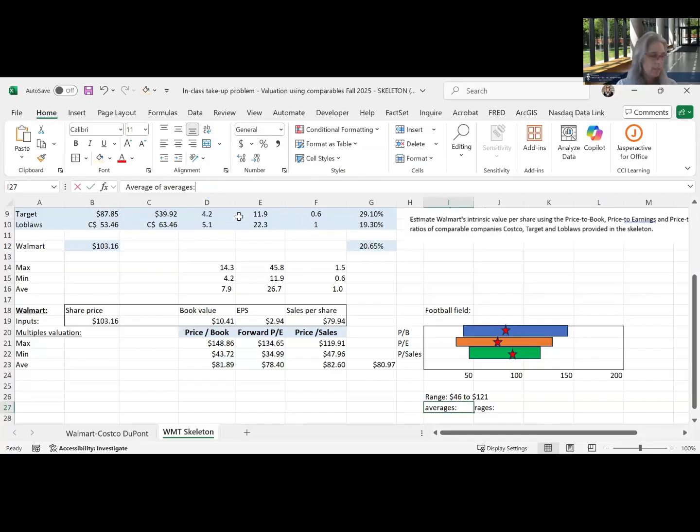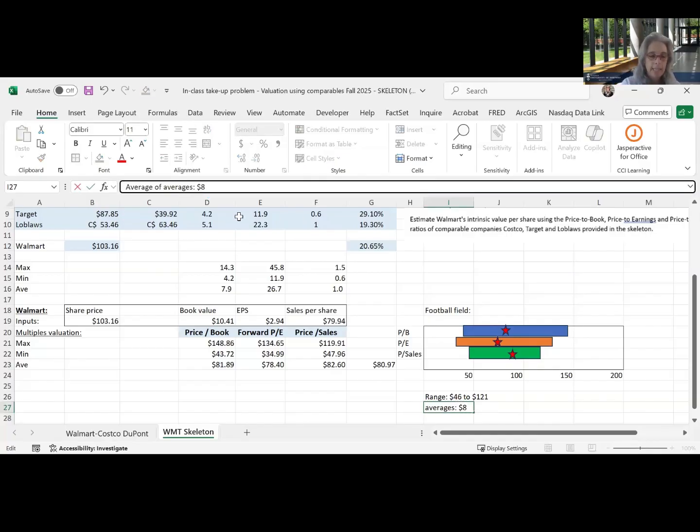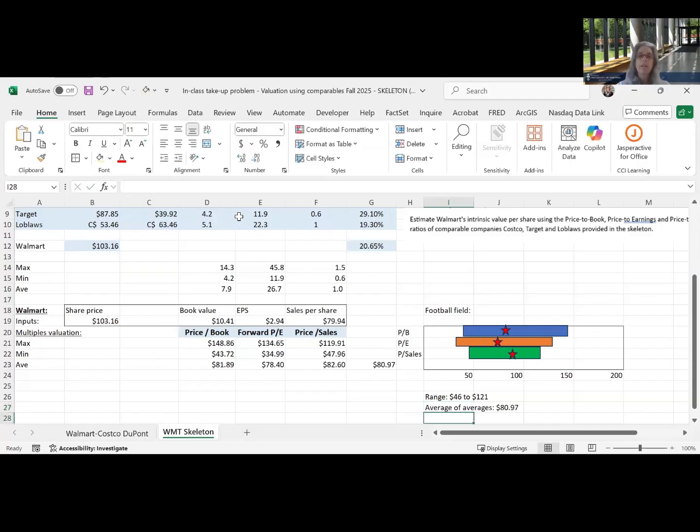So my average of averages is 80.97. So I think based on this, looking at how Walmart's competitors or peer companies are valued, Walmart should be valued around $80. It's actually trading at $103.